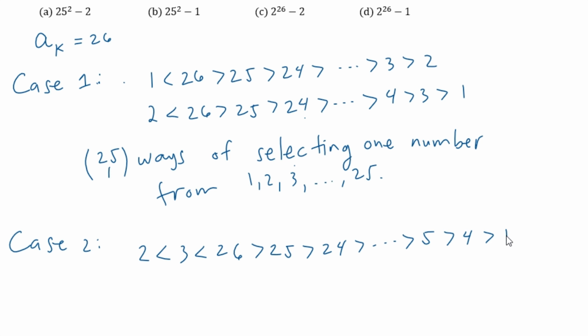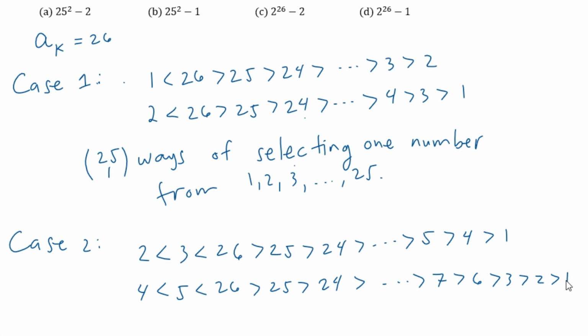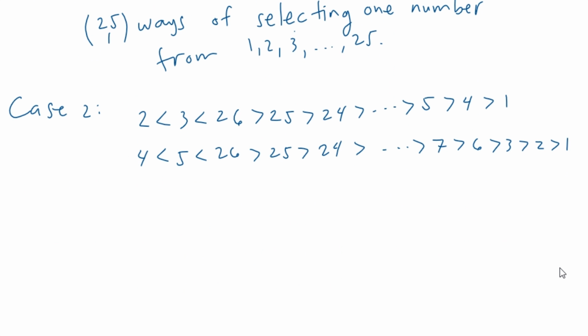As another example, we can have 4 less than 5 and then 5 less than 26, 26 greater than 25, 25 greater than 24, up to let's say 7 greater than 6, 6 greater than 3, 3 greater than 2, 2 greater than 1. Okay, so we can do this in 25 choose 2 ways.